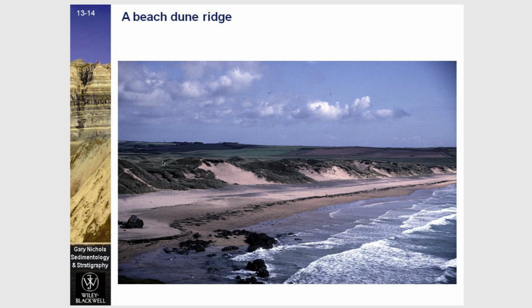So you can see here a lot of shrubs developed on these relatively large dunes. Sometimes they can exceed 10 meters in elevation quite easily.